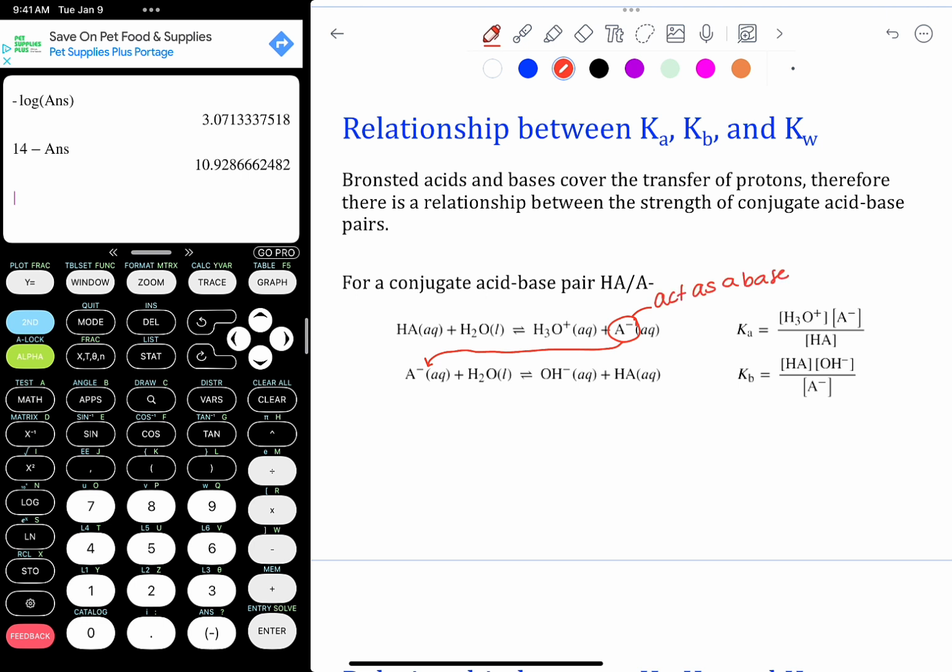It's the conjugate base to the HA acid. Since it's the conjugate base, it can act as a base, reacting with the additional water in that solution, creating the OH minus concentration as well as the original acid that you started with. So there is a relationship between those two expressions, just using one conjugate acid-base pairing.